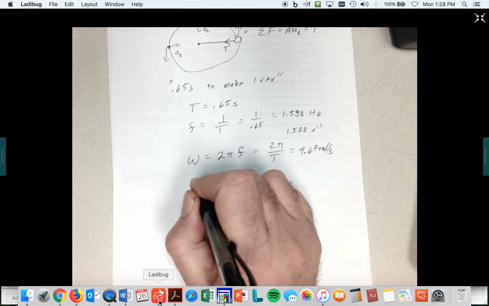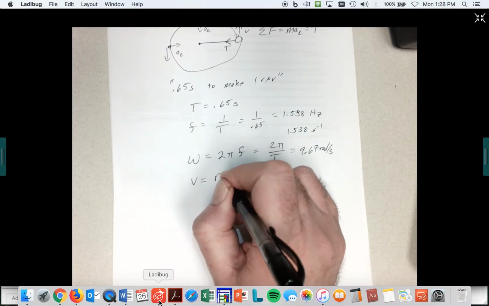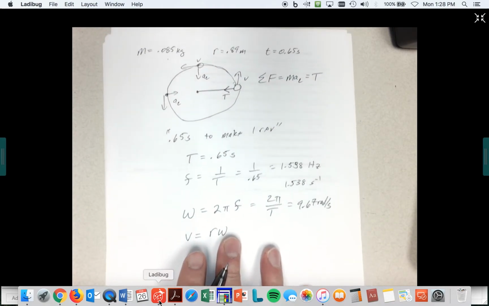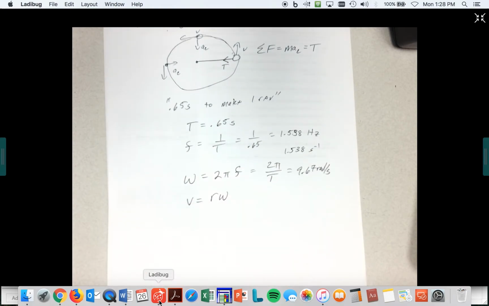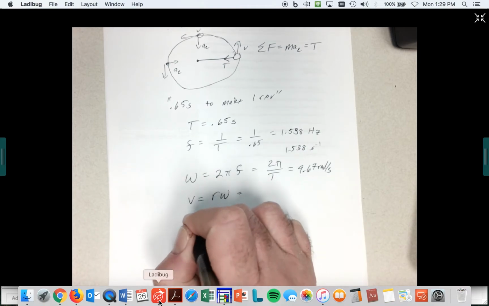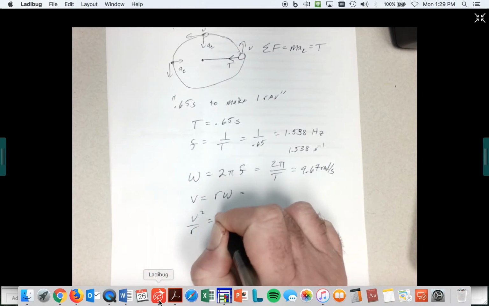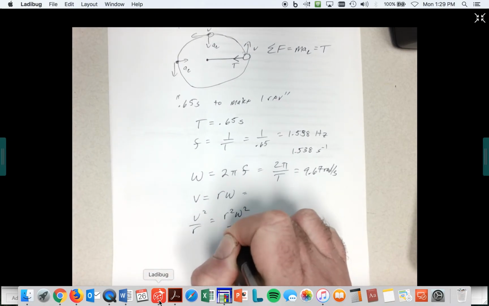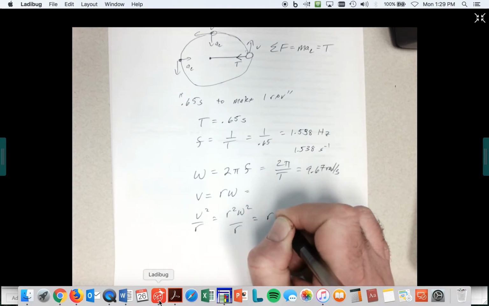Now, I know two things. I know that v is equal to r times omega, and I've got r, which is 0.89 meters. Then I can take v squared over r, which is r squared omega squared over r, the same thing as r times omega squared.